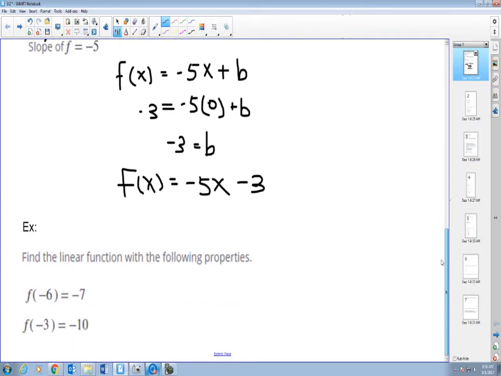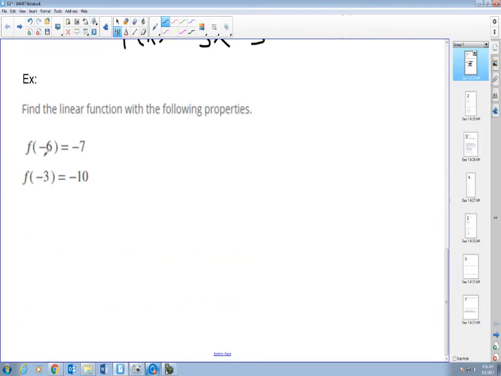Alright, now let's take a look at the same thing, finding a linear function, except this time the problem gives me 2 points. Because f(x), right now my x has become -6, so the output is -7. That's referring to my y value.